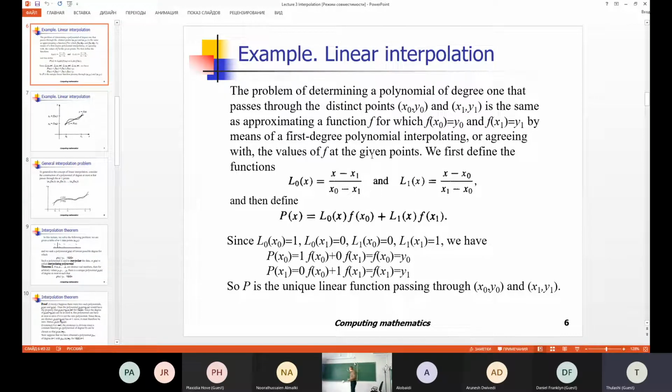And this formula helps us to find these coefficients. So this task is to find the coefficients a1 and a0 using this formula for the interpolating polynomial. You should substitute here x0, x1, y0, y1, and find this formula.